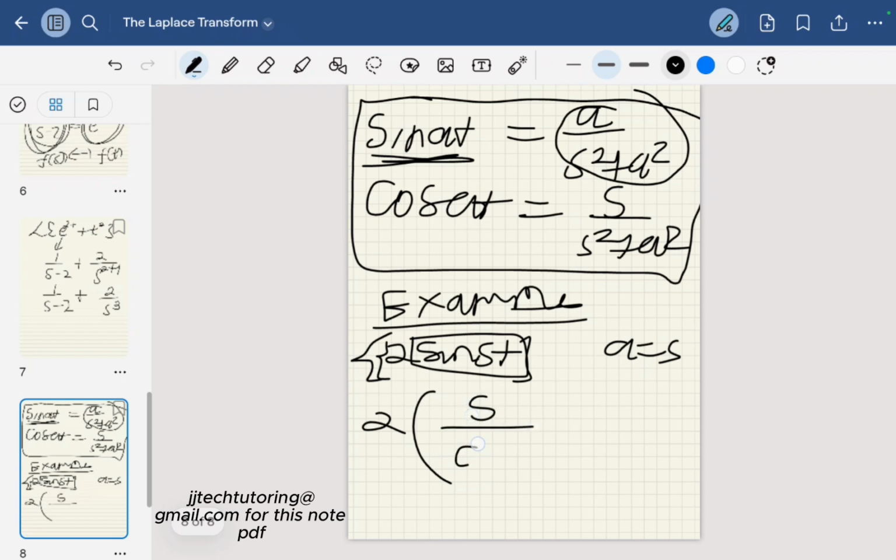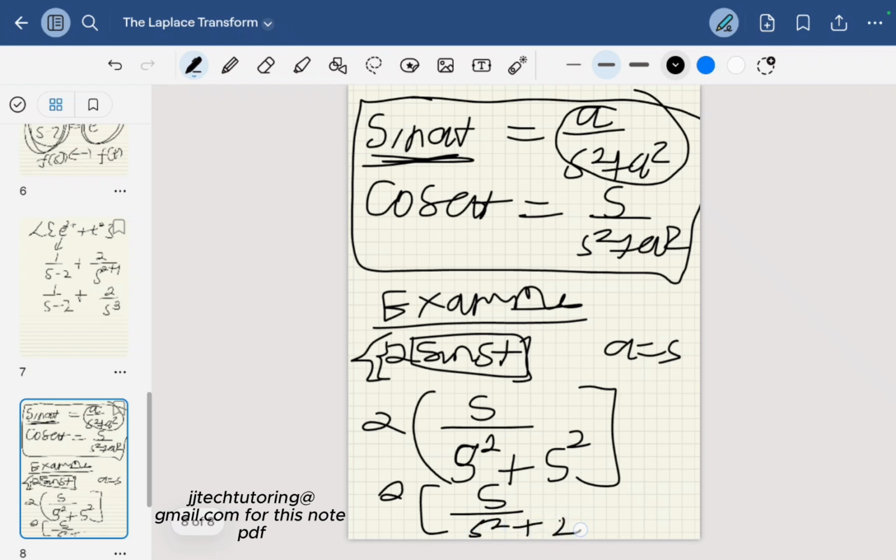So it's 5 over s squared plus 5 squared, because it's a squared. 5 squared is what? Is it 25? Yeah, it's 25, right? And from there, 2 multiplied by 5, it will be 10 over s squared plus 25. That's it. Voila.